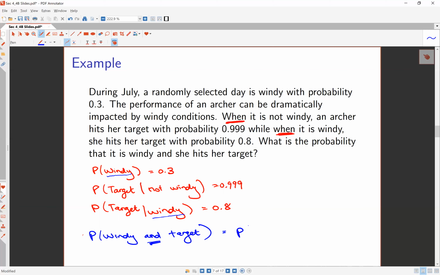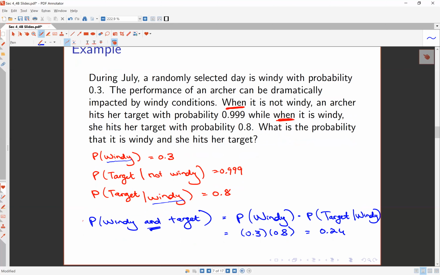Yes. So I can calculate this as the probability of it being windy multiplied by the probability of hitting her target given that it is windy. And this is 0.3 times 0.8, which is 0.24.